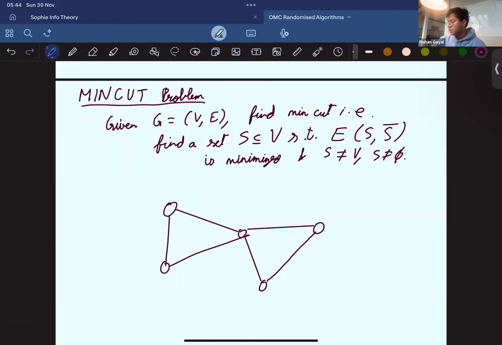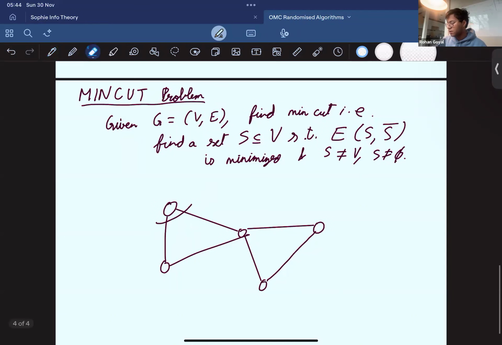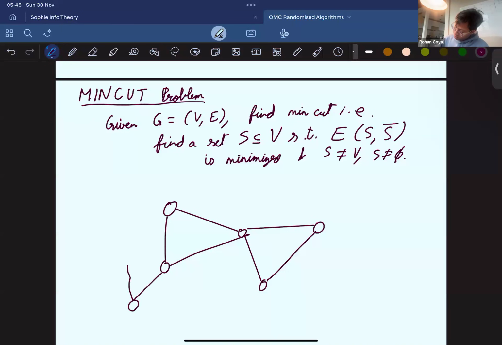Now, if we replace this, every node now has at least two edges going across. So still, this sort of a structure is a min cut. But for example, if I have this kind of a thing, then there is a min cut of size 1, but there's no single node which is a min cut because every node has degree more than 1.